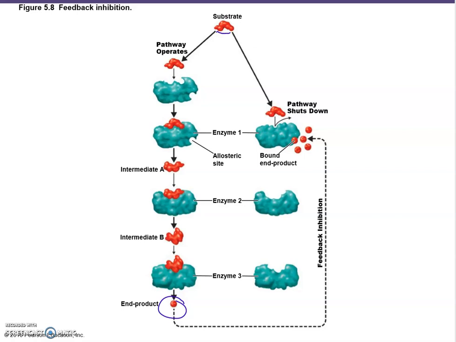So we have a non-competitive inhibitor right here, and it shuts down the pathway. Once the concentration of this end product is low, it will come off the enzyme, which returns to its regular shape, and the pathway will operate again. So it's a great way of regulating enzyme activity if you have whole pathways.